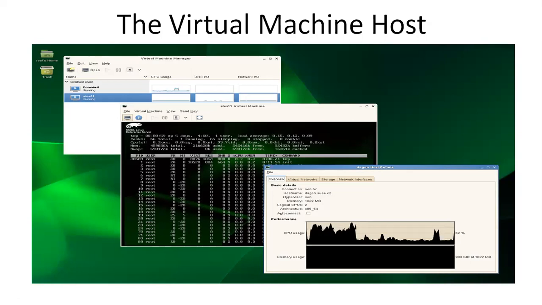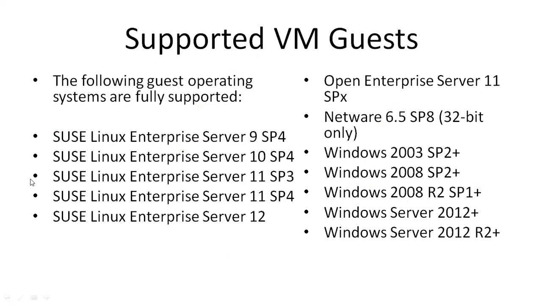That means after installing the software, you have this type of information, and then you have some supported virtual machines. What are the supported virtual machines here? One is SUSE Linux Enterprise Server 9 SP4. These are all Linux operating systems.